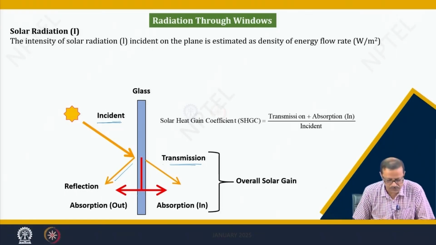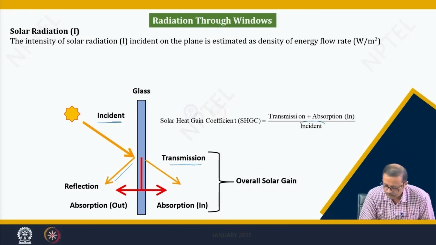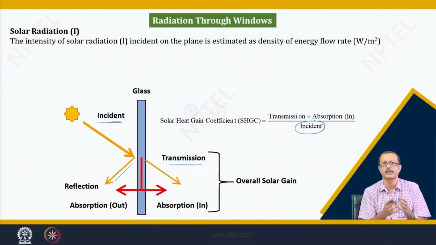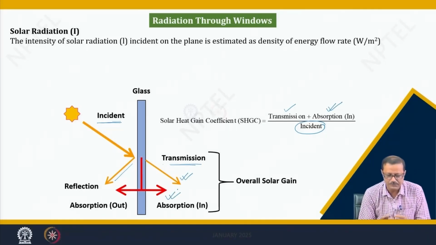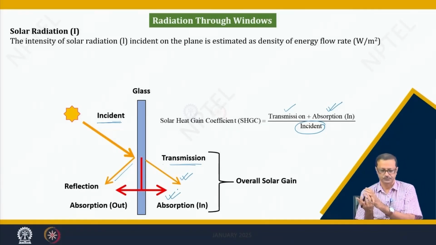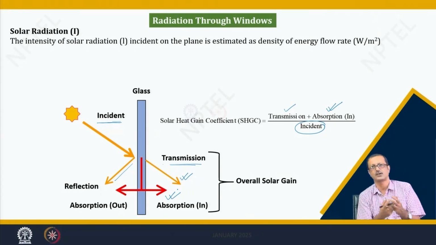So, if I see my total incidence and my total gain inside, there is a direct transmission, which is this arrow, and the second is the absorption in, that means this red arrow is my actual gain inside the building. This ratio is very important, because it gives you the character of a glass, how much radiation is actually transmitted in and also absorbed in.